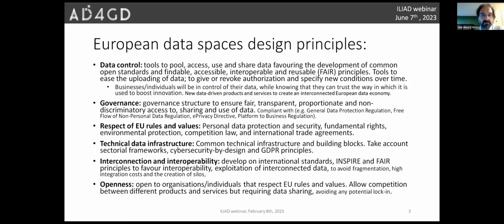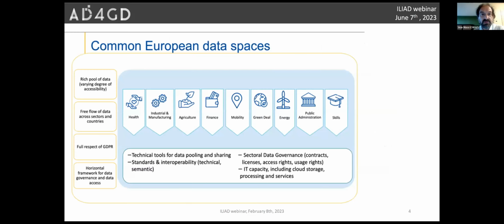So it's clear that we need to conform to international standards precisely to enable the first principles and to enable the exploitation and interconnection of the data and avoid fragmentation. And we need a culture of openness among organizations and individuals, and that means the right licensing on your data to guarantee that it continues being shared and avoiding potential lock-in.